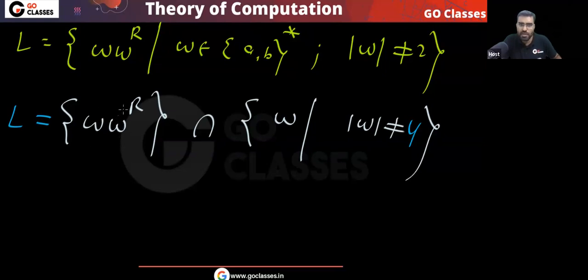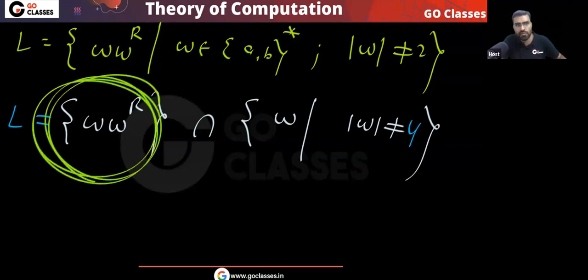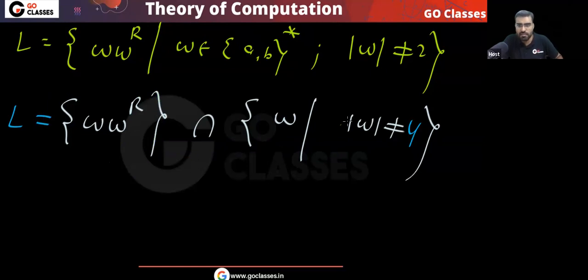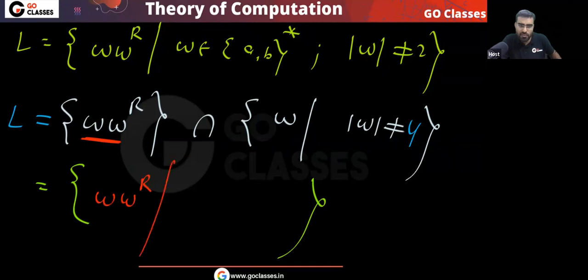You have all the strings of WW reverse, intersection these strings. So the common strings will have this form, and they cannot have length 4.